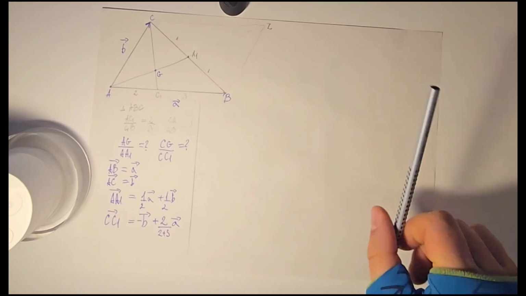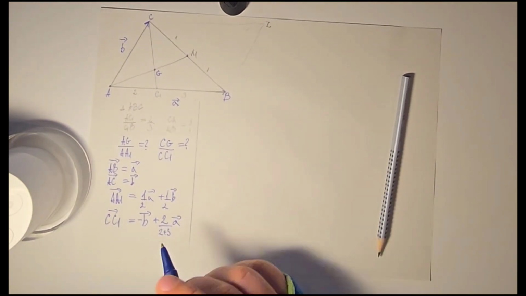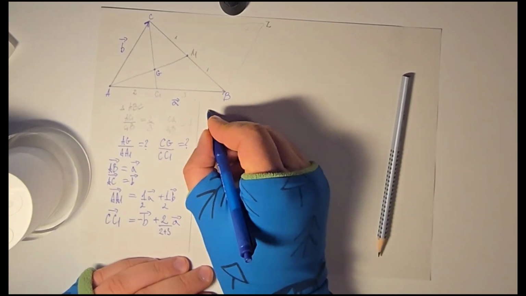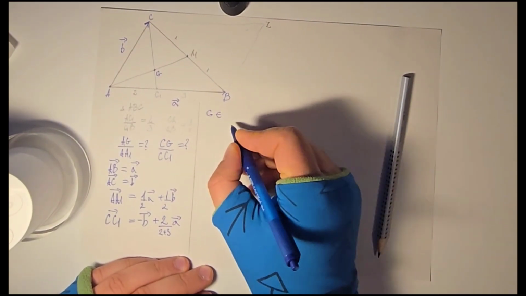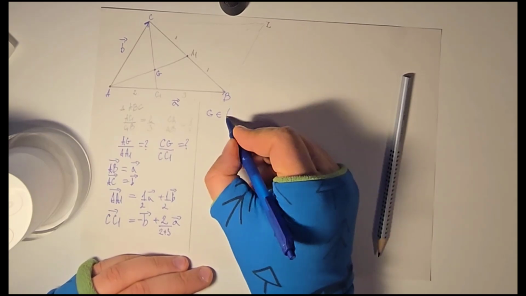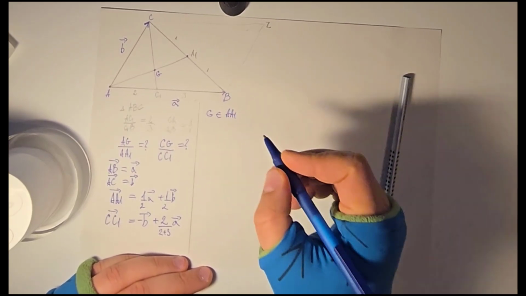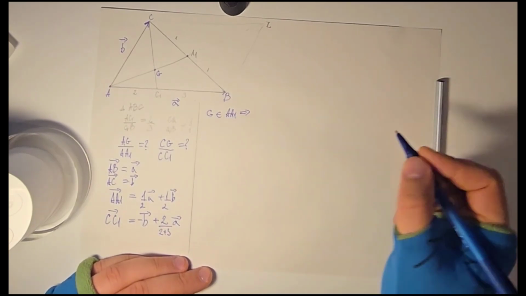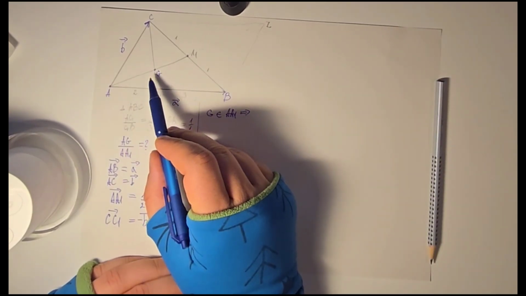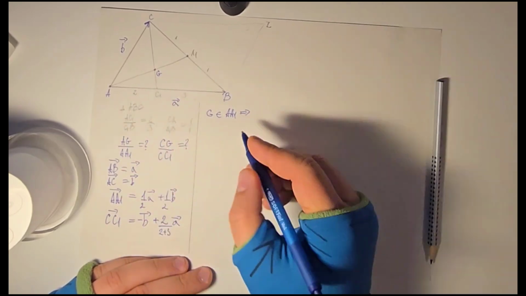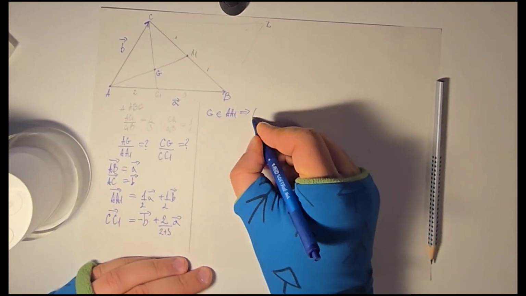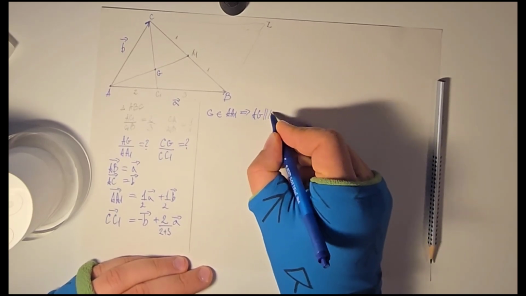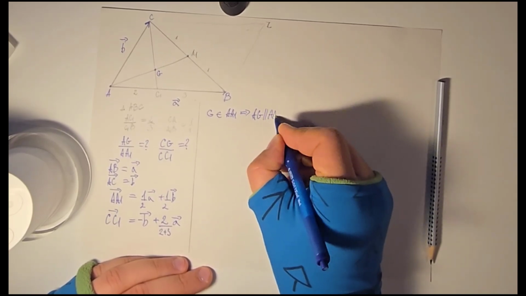So using mathematics language, we can say that G belongs to AA1. True. And based on this, AG is parallel to AA1, which is obvious.